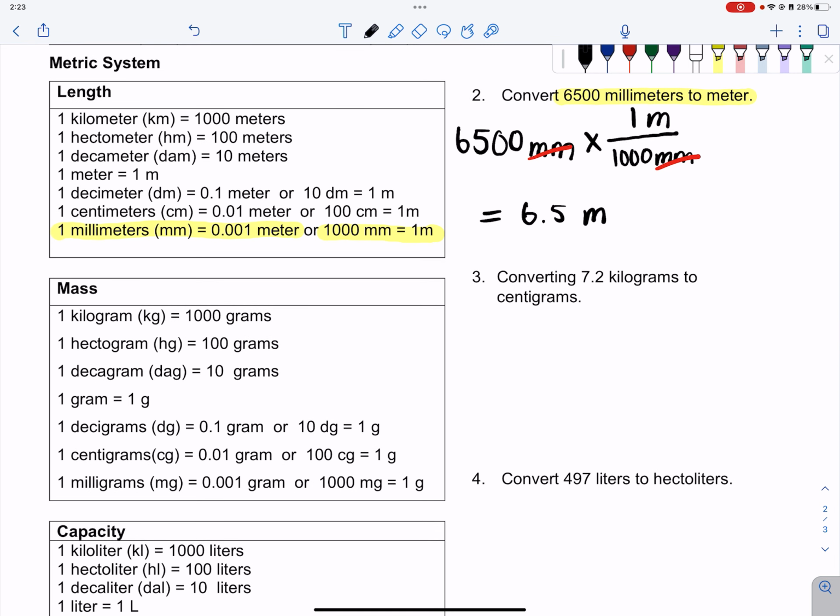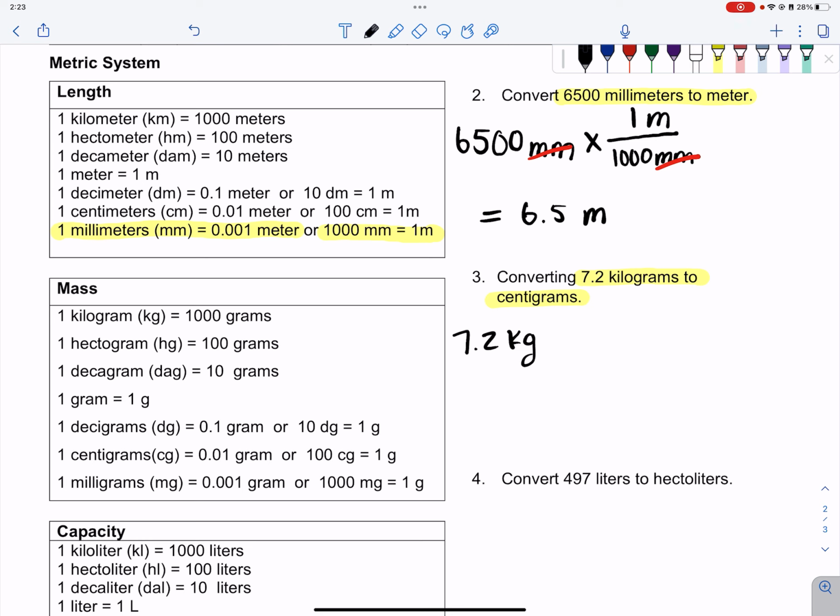The next one, we want to convert 7.2 kilograms into centigrams. So we're going to start off with our 7.2 kilograms. And now let's take a look at the left at our mass equivalencies here.